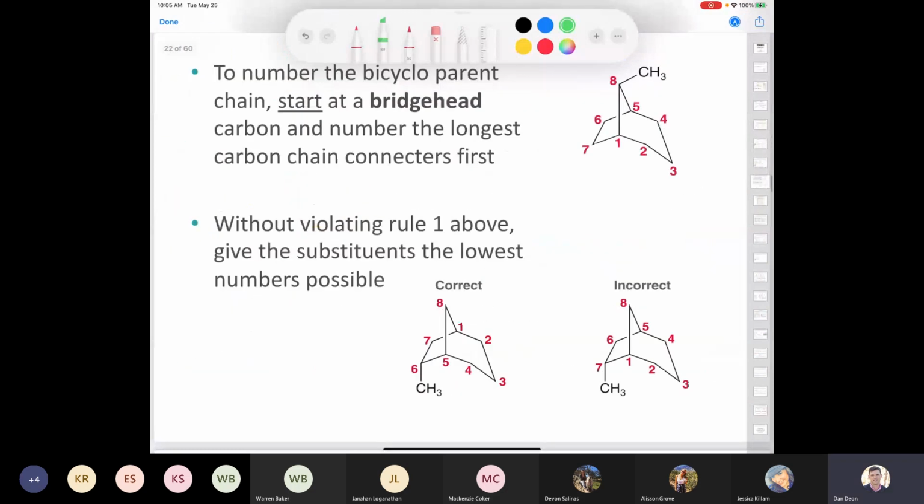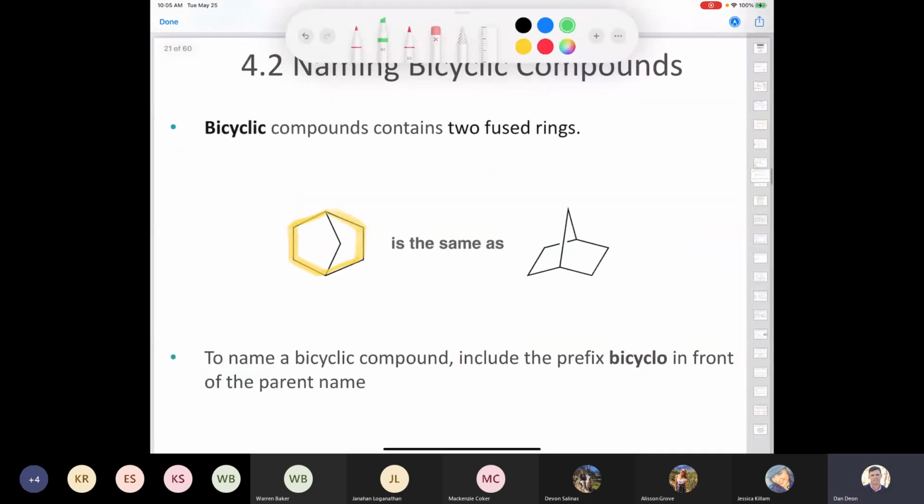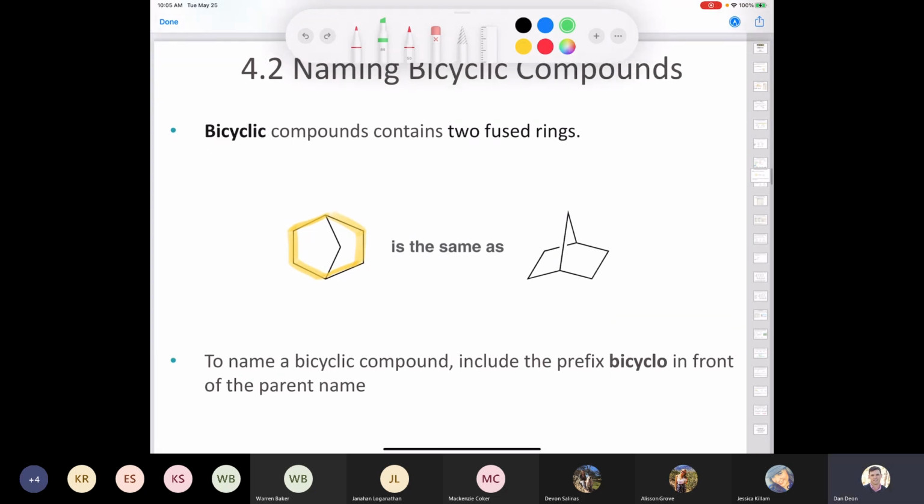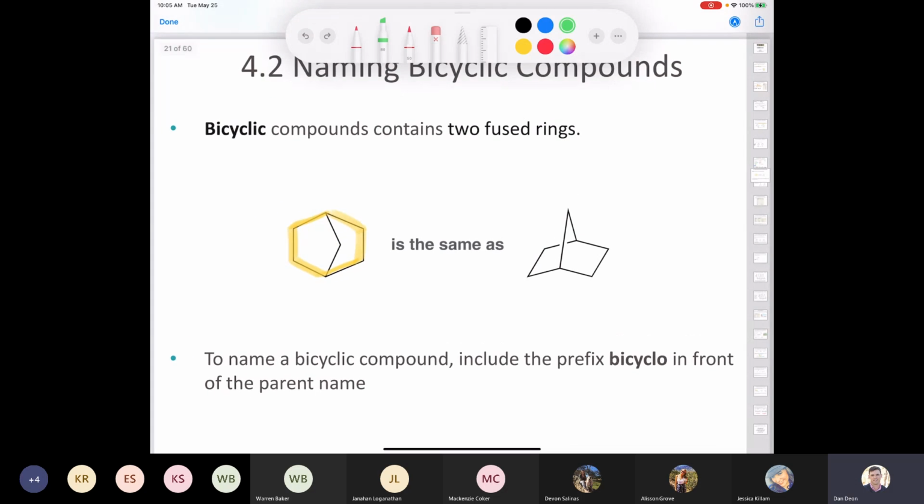All right, so let's go back to naming bicyclic compounds and how you would name this compound. Like, what the heck is the name of this? In order to name a bicyclic compound, we put the prefix bicyclo in front of the parent name. Let me show you how to name this particular one. So you count up the total number of carbons. Can anybody tell me the total number of carbons in this molecule? And it's not a trick.